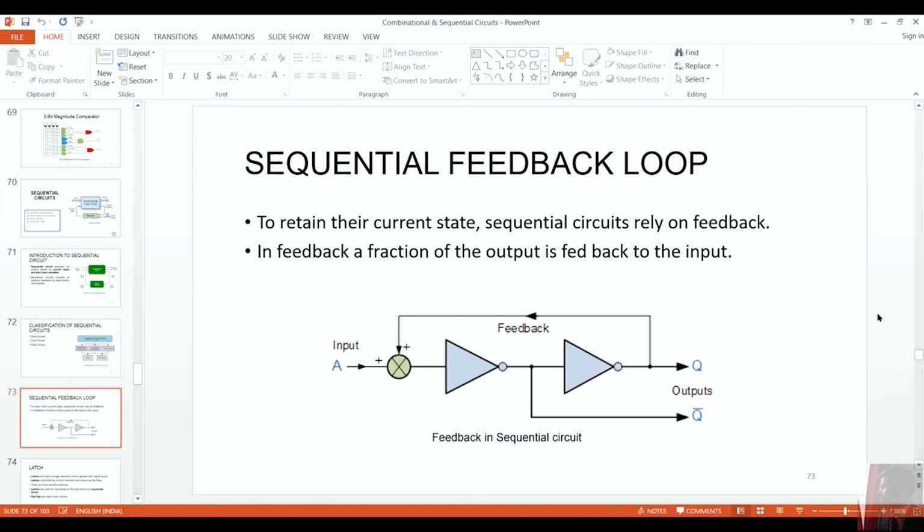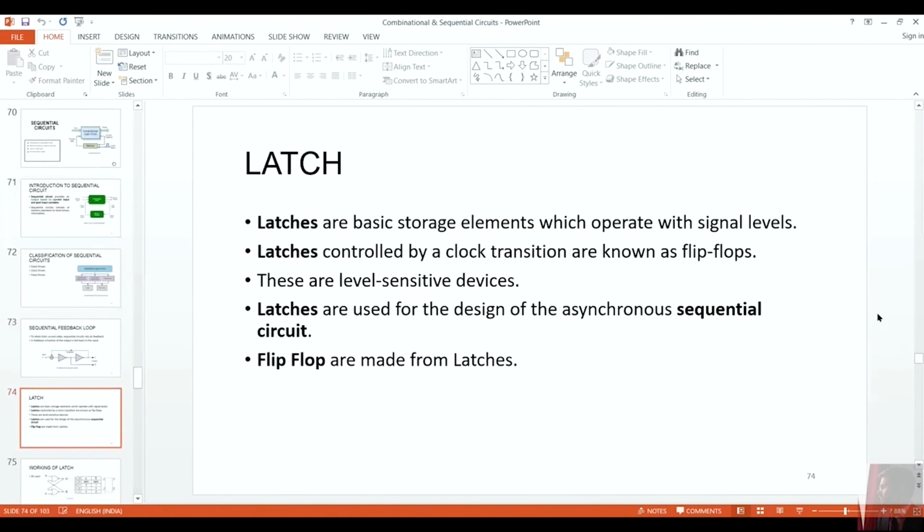In feedback, a fraction of the output is given back to the input. If the output and input are in the same phase, we say positive feedback, but if they're in opposite phase, we say negative feedback.